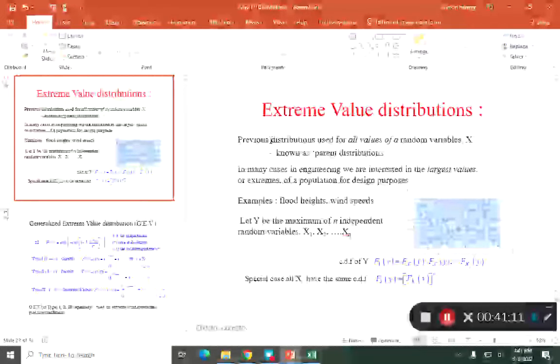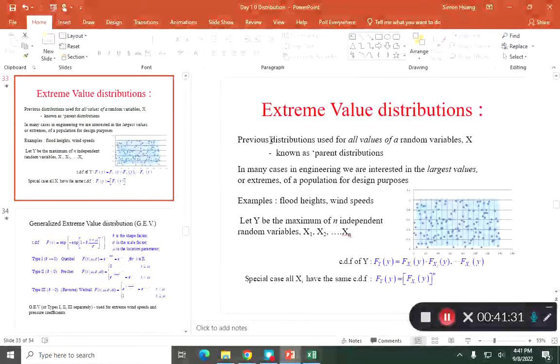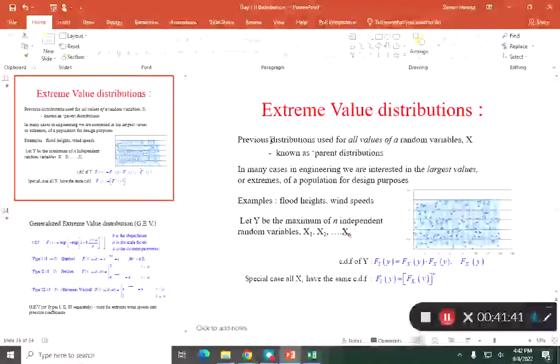So, for example, when they design a dam or a bridge, a bridge will face what? Flood, right? And a building will face earthquakes, right? So would you spend $1 billion just to build one dam to sustain an earthquake of, say, scale 10?